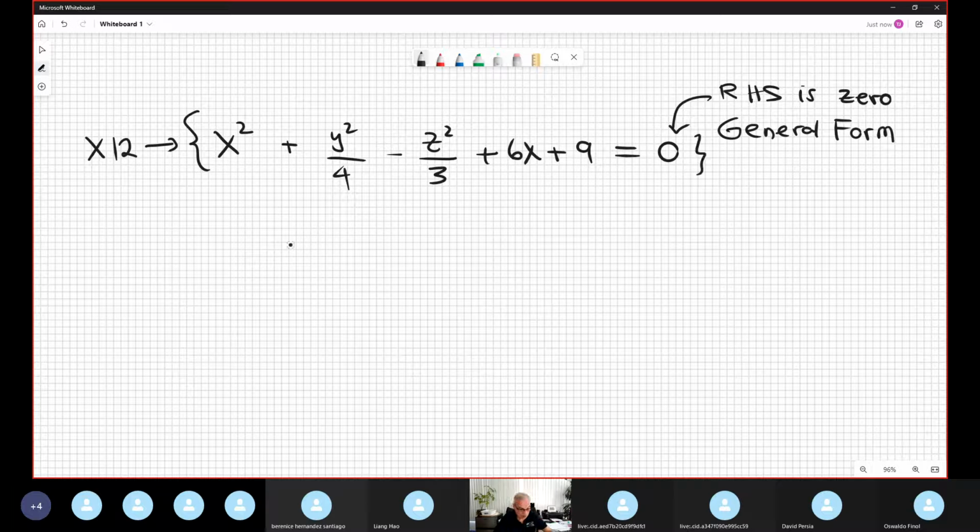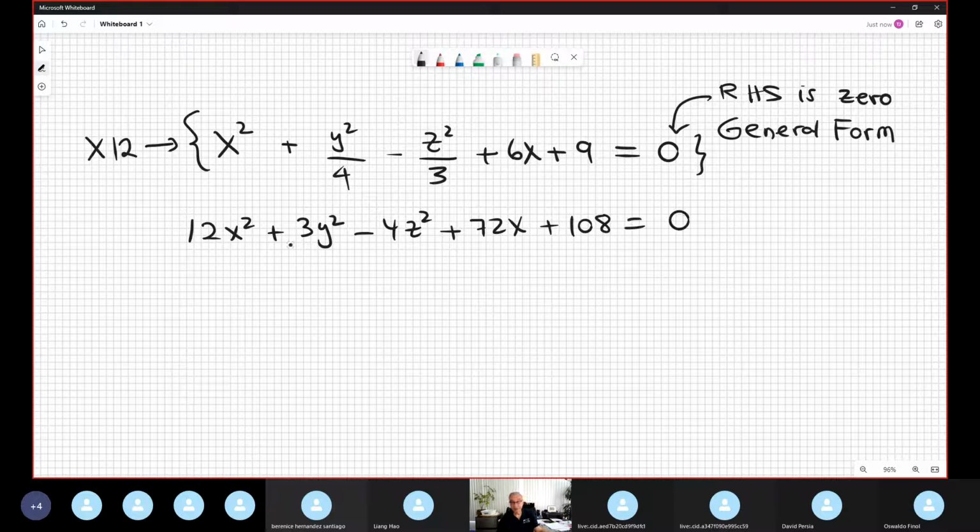When you multiply this entire equation by 12, we have 12x squared plus 3y squared minus 4z squared plus 72x plus 108. The only thing I did was clear fractions.